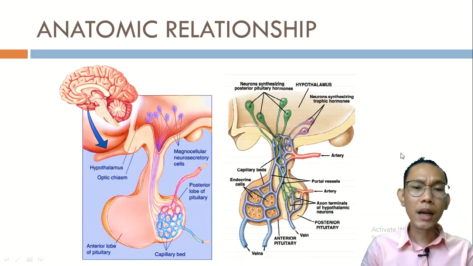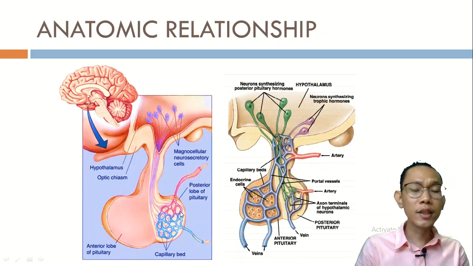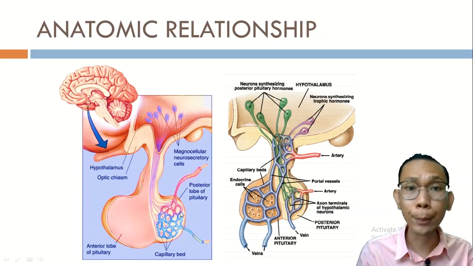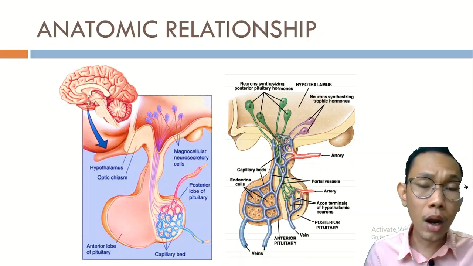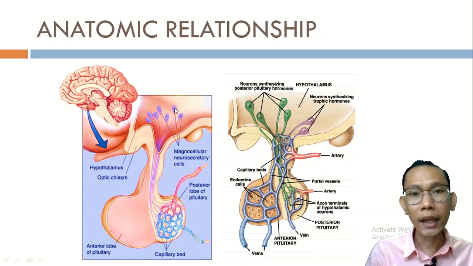So, as a summary, your posterior pituitary is just a continuation of your hypothalamus because its hormones are synthesized in your hypothalamus and just stored by your posterior pituitary gland. For your anterior pituitary gland, 80-90% of its blood supply comes from your hypothalamic hypophyseal portal system.